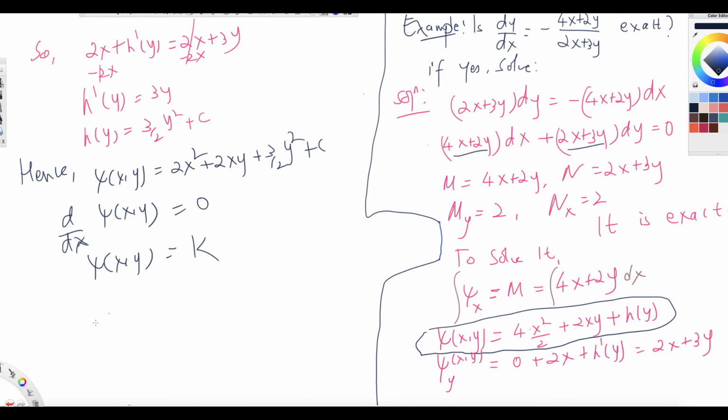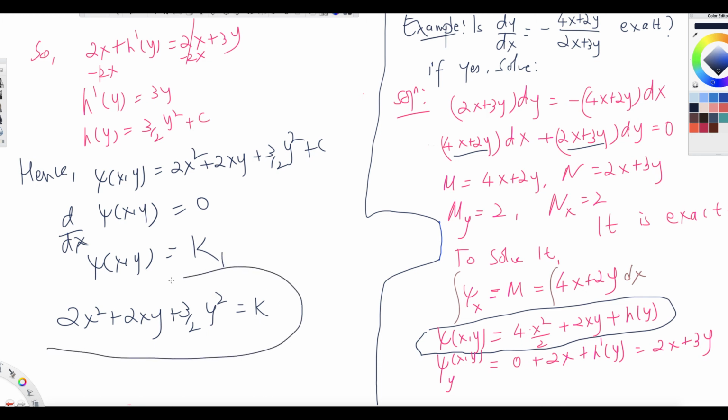Just plug in the value: 2x squared plus 2xy plus 3 half y squared plus c equals k, but you can bring that c and combine it with the k, so you get, let's say, k1 or a small k. So this is the final answer. Okay, guys. So this is how you solve an exact equation.